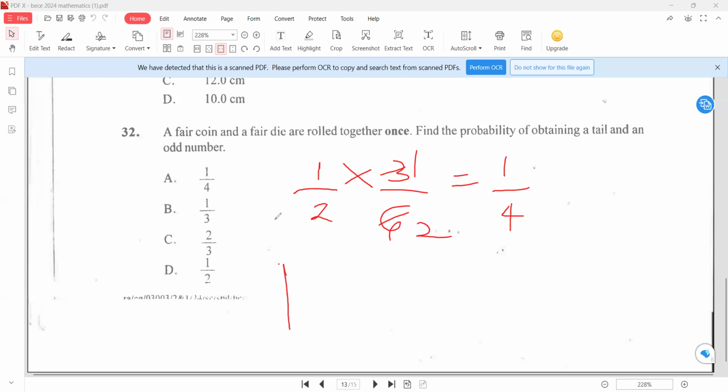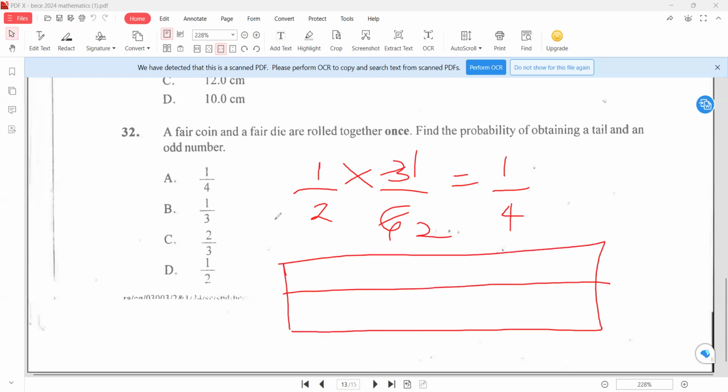Or you can do the table to get the actual outcomes. I have it till here. 1, 2, 3, 4, 5, 6.